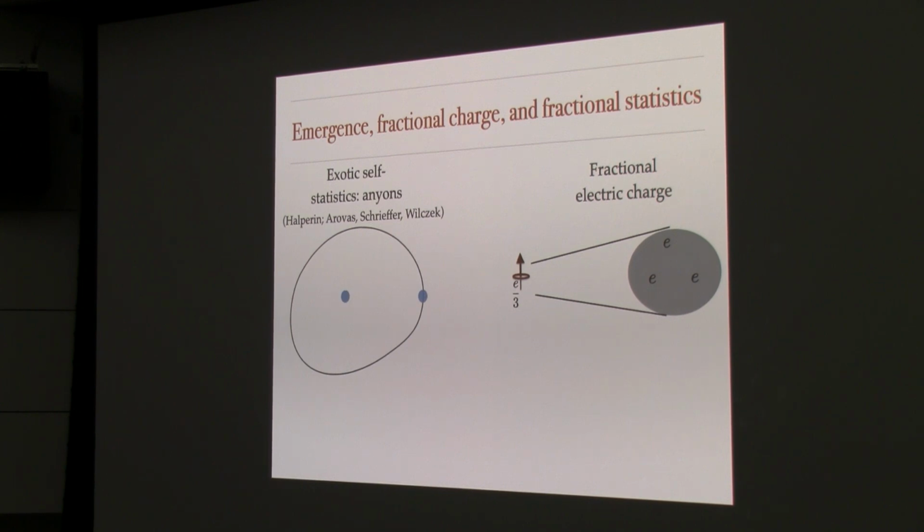In space, that's equivalent. And so if I did this for fermions, I would get 2 minuses, which would be a plus. If I did it for bosons, I would obviously also get a plus. And if you do this for these E/3 Laughlin quasiparticles, you get a phase factor of 2π/3, okay? So they have fractional charge and they have fractional statistics.